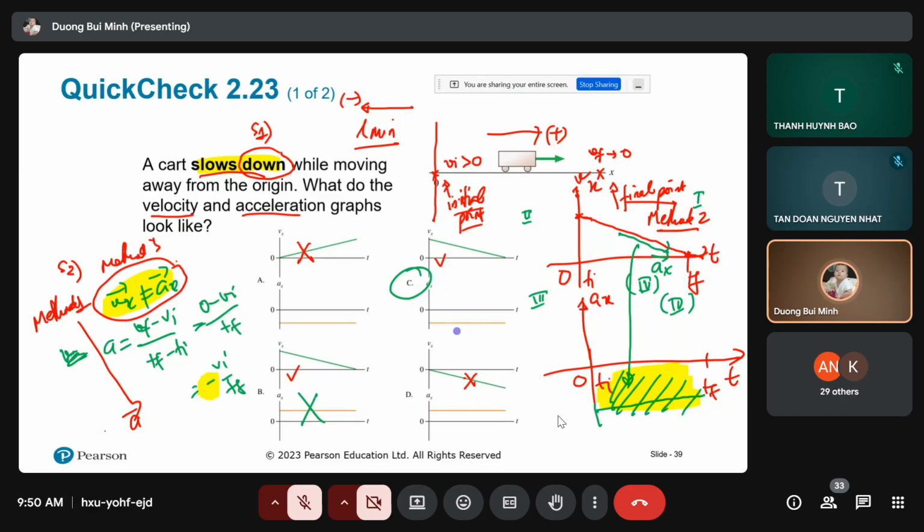So this is method 3. It's up to you. You can use the graphical representation, the formulas, or the observation. That's okay. Any questions so far?